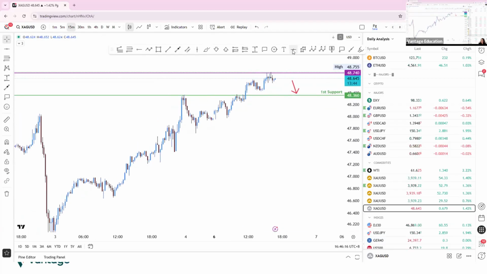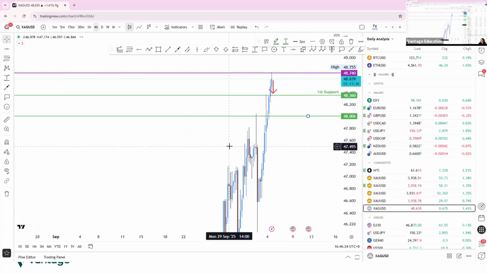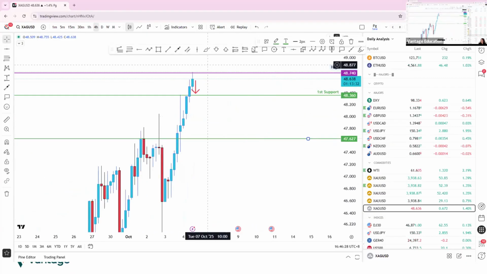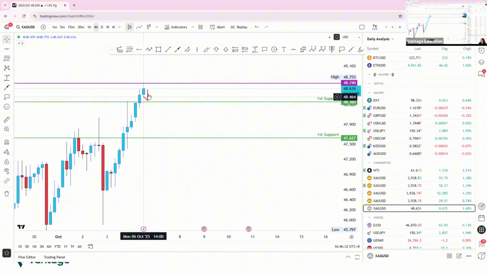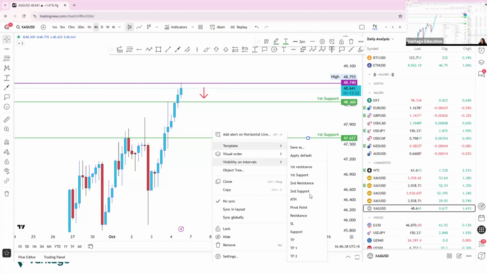Okay, gold has already hit TP1 at 100 pip. Sorry, 50 pip. Okay, guys. What's support? Second.